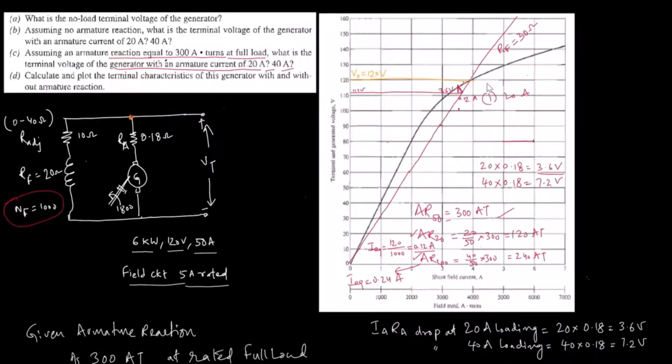And in case of 40 amps loading, the triangle will have 7.2 volts. This is 7.2 volts, and the equivalent current is 0.24 amperes. So this will be a new triangle now.